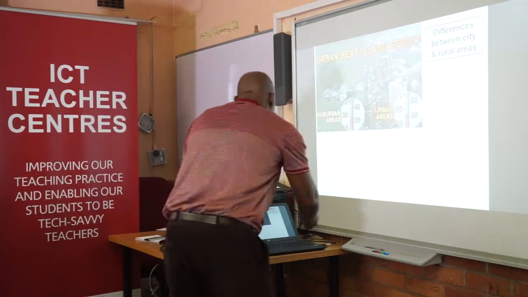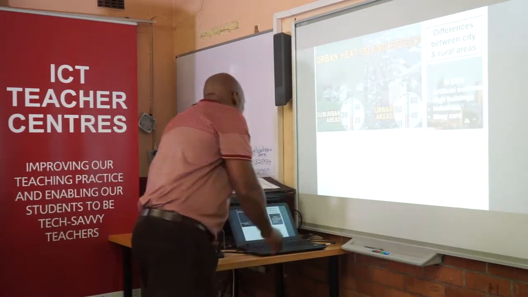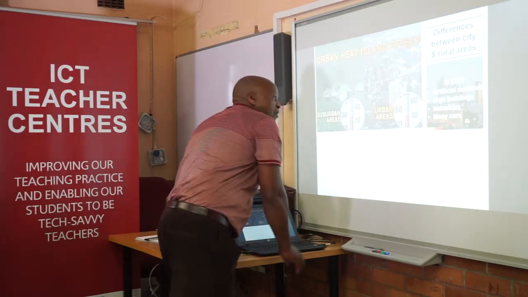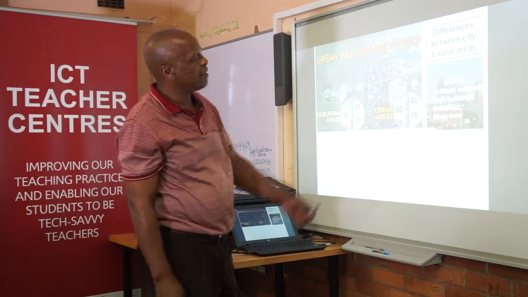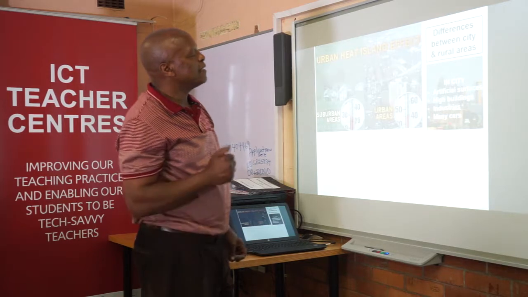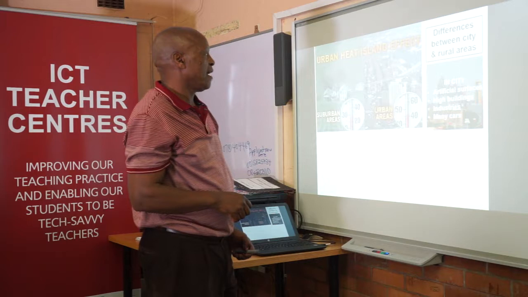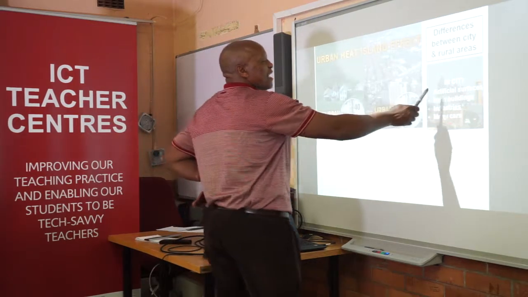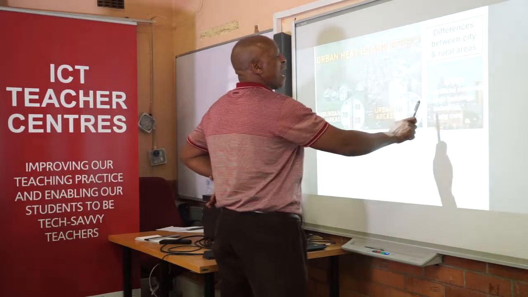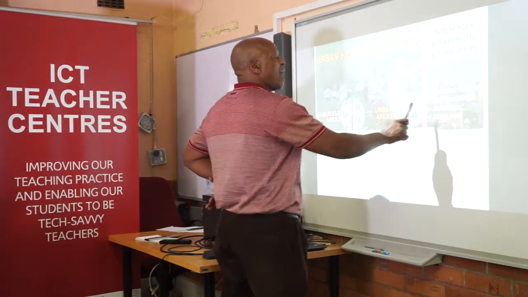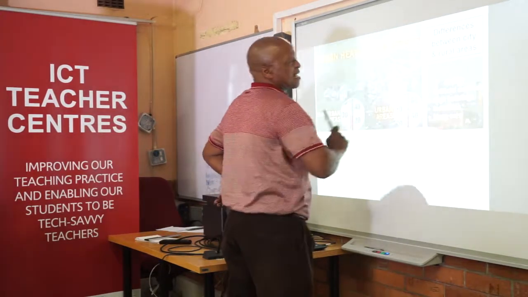It's not enough for our learners to know the causes. And when they mention these causes, for example here, they know the causes, but they also have to know the how part. How do artificial surfaces increase temperature? How do high buildings increase? How do industries? How do many cars?